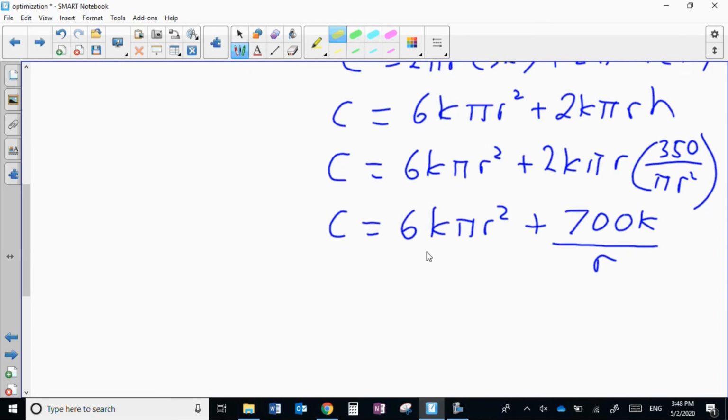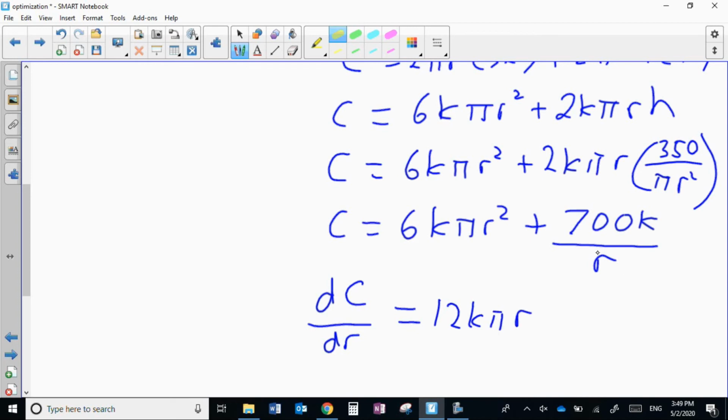So this represents some graph. And that graph will have a minimum or a maximum value that must occur at one of the critical points. So let's take the derivative, set it to 0. So dc by dr would be, keeping in mind that k is a constant, you're going to get 12k pi r.